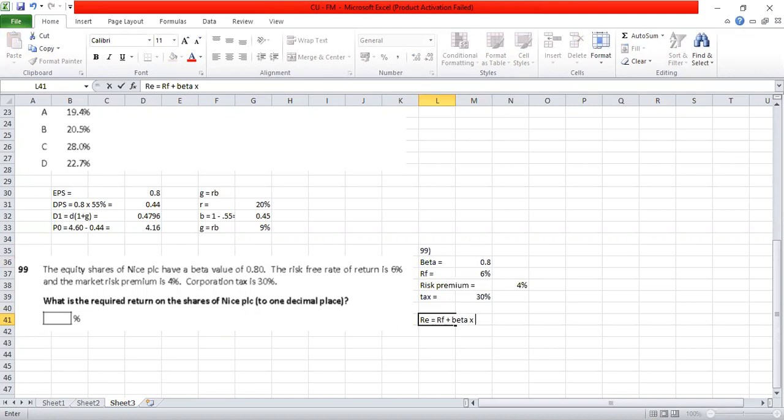Since risk premium is directly given, we can directly substitute. So simple steps, we can finish it up. Here RF is 6%, plus we have the premium as 4%, beta is 0.8, so 0.8 into 4%.